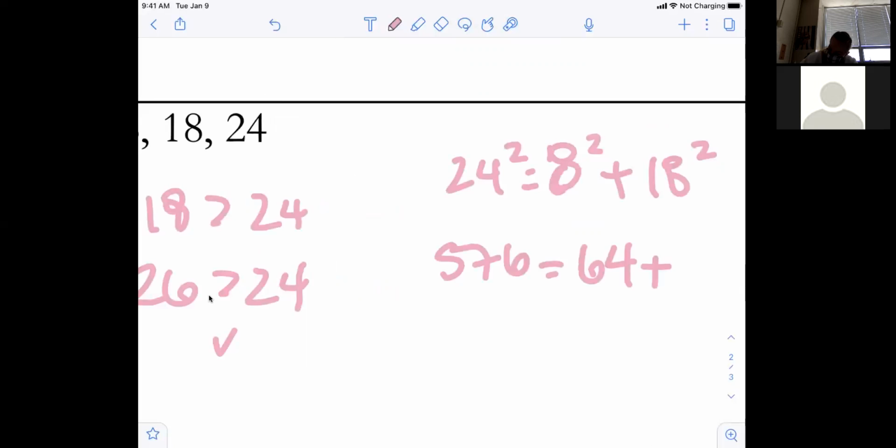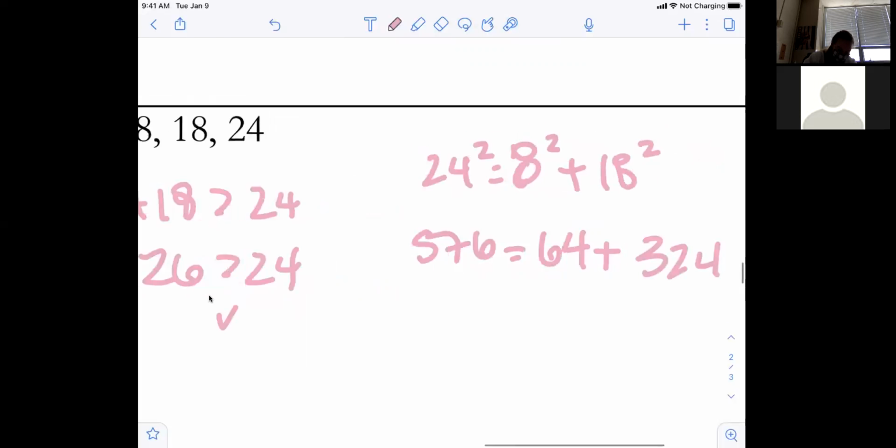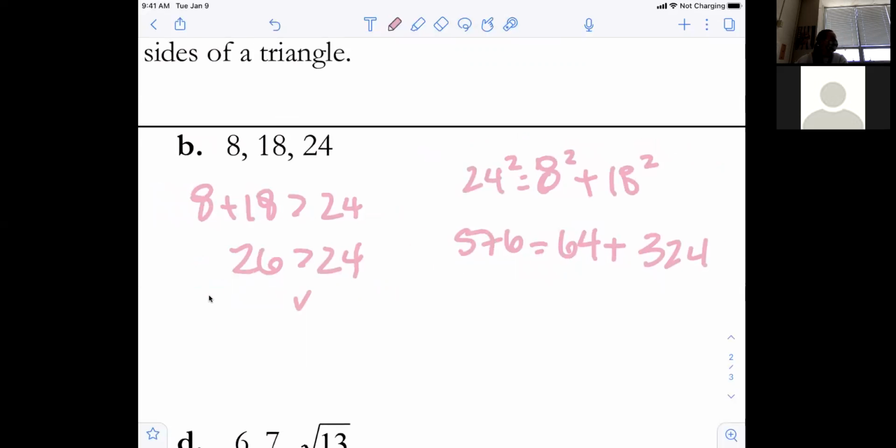And 18 squared is 324. Am I moving too fast or is everybody with me? All right, 324 plus 64 is going to be 388. So I've got 576 equals 388.